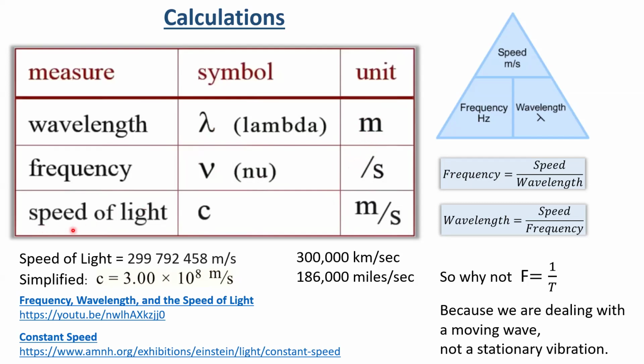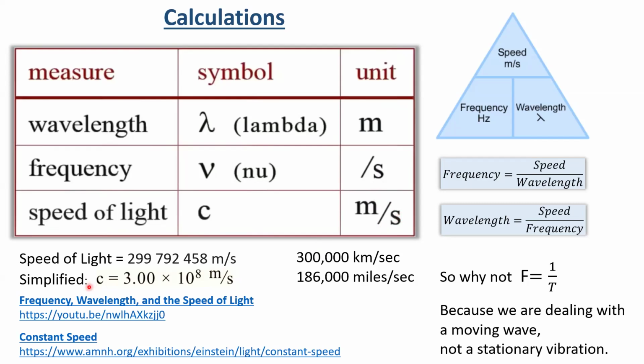The speed of light is represented with the letter c, and its unit is meters per second. Light travels very, very fast.